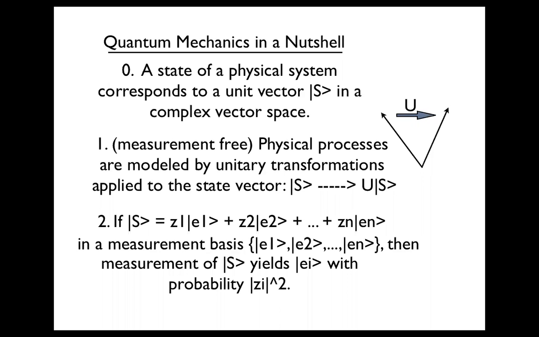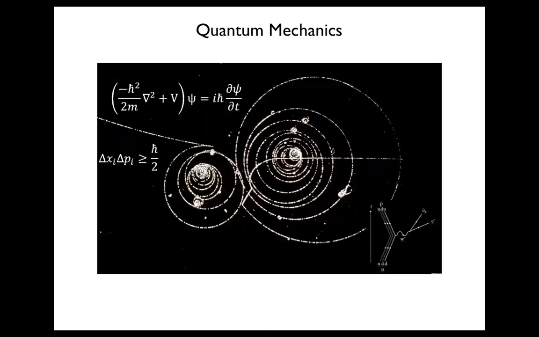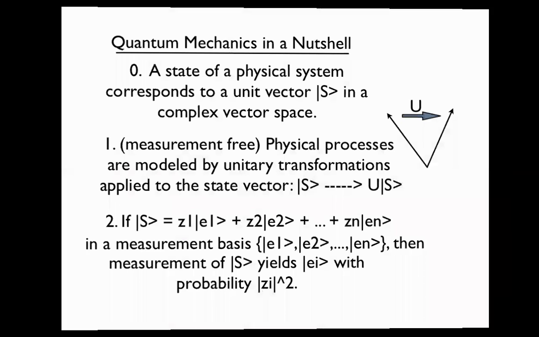In the original quantum mechanics, the kind produced by Schrodinger, the Hilbert space, the complex vector space, was the space of complex solutions to Schrodinger's equation, which is in the upper left here. And I am not in my summary going to explain the meaning of Schrodinger's equation. I'm going to talk about it in a different mode, but if we had more time, we could relate what I'm about to say back to Schrodinger's equation indeed.